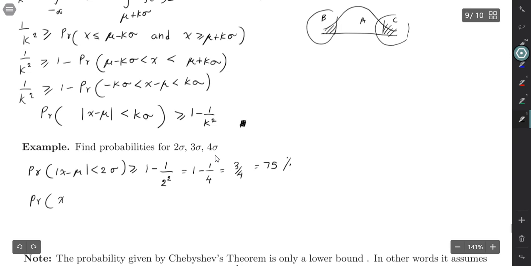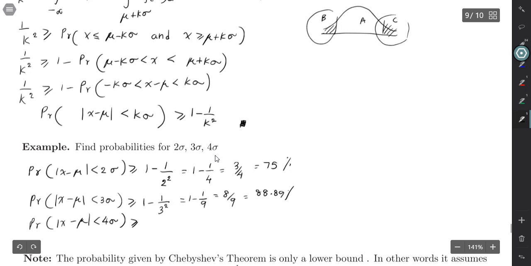If you need the probability that x is within 3 standard deviations of the mean, this is greater than or equal to 1 minus 1 over 3 square, which is 1 minus 1 over 9, which is 8 over 9. For 4 sigma, now remember these are inequalities, not the exact percentage.